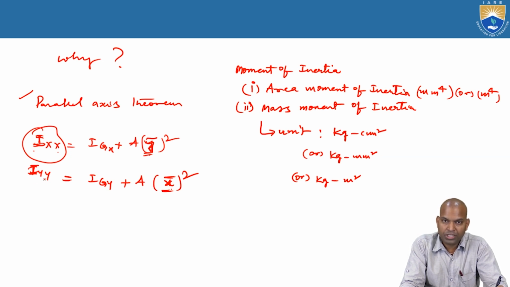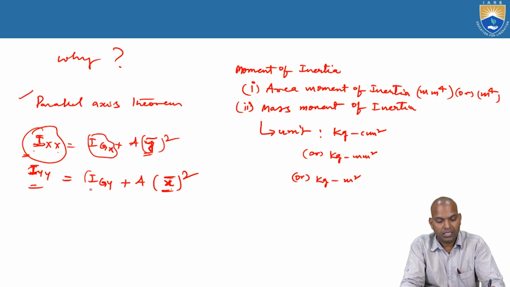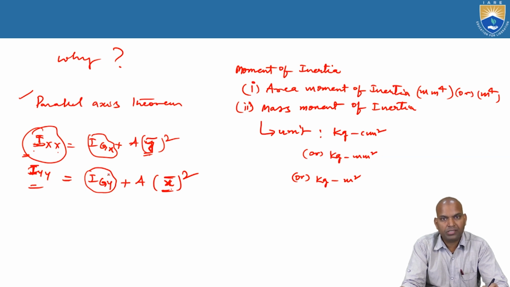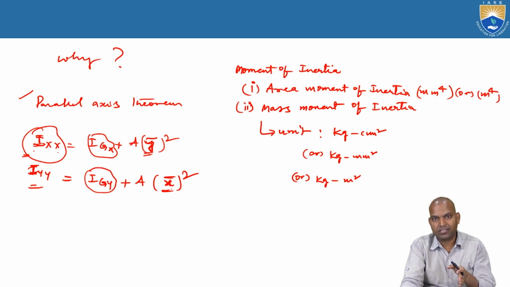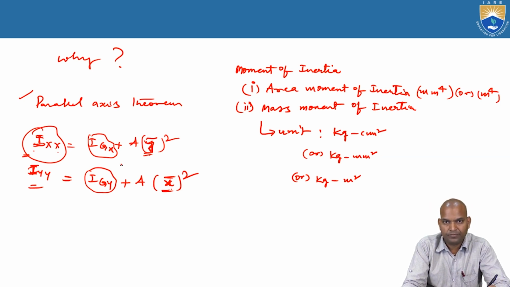Iyy is the area moment of inertia about the vertical axis yy. Ixx means area moment of inertia about the horizontal reference axis. What about Igx? Again, it is the area moment of inertia about the horizontal centroidal axis of a simple figure. Igy means the area moment of inertia about the centroidal vertical axis.